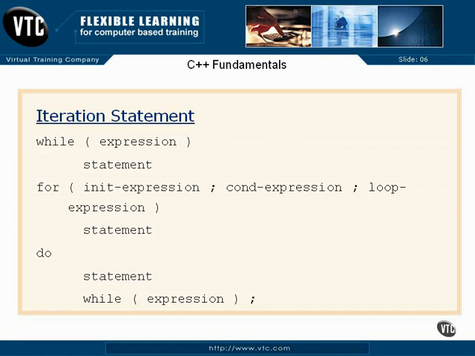And if you should, you'll go back to the do and do all the statements again, and then hit the while, should we do them again, and so on. And notice that there is a semicolon after that close paren on the while of a do while. There is not one, of course, on the while or the definition of the for when we start the control structure of the for.